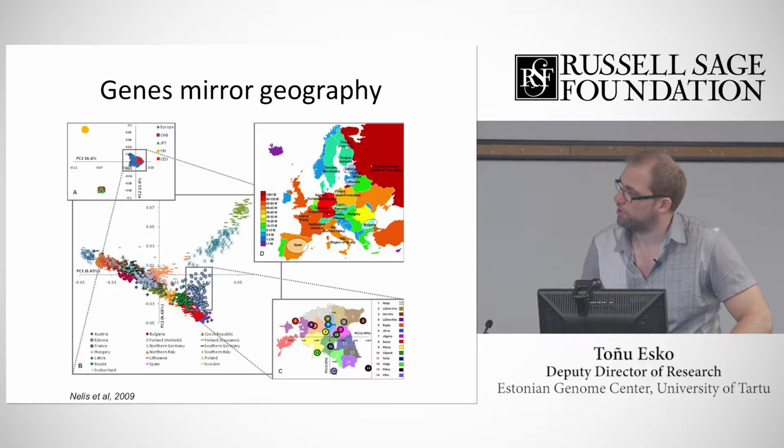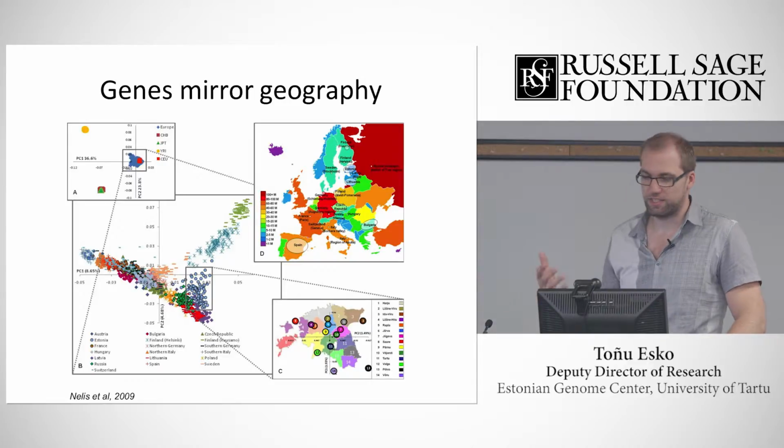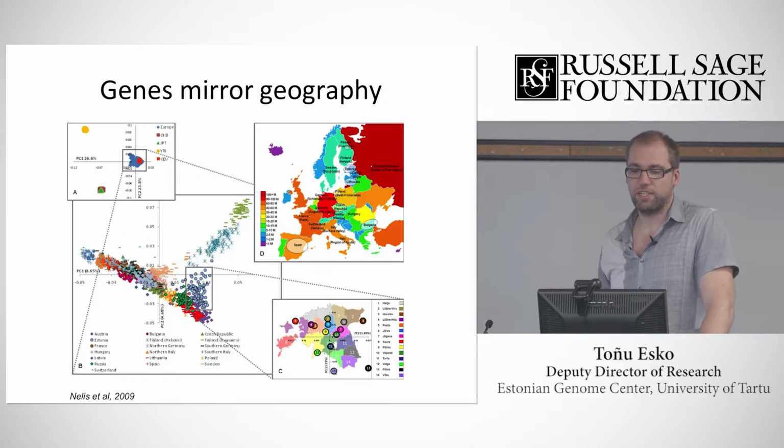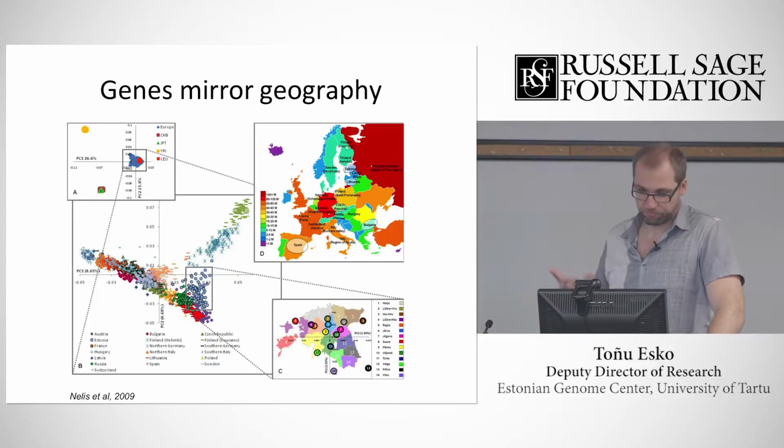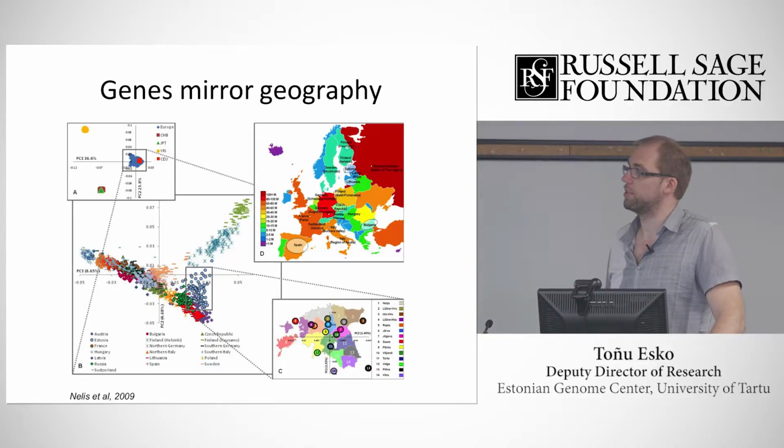Here we have Estonians, Latvians, Lithuanians, Russians. Here we have Finns from southern Finland, Finns from northern Finland. Here we have Swedes, Poles, Germany, France, Spain, Italy. You see that the genes very nicely reflect the geography where the individuals were collected.